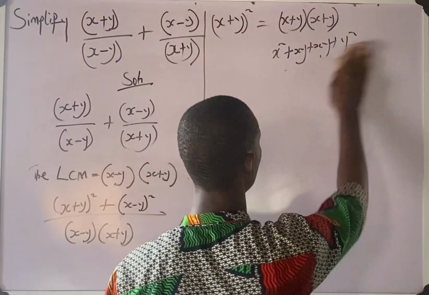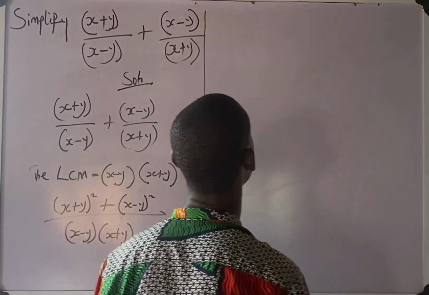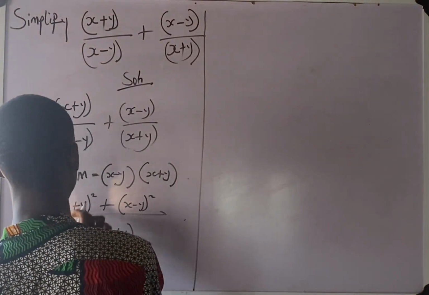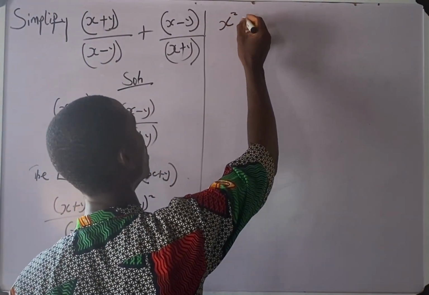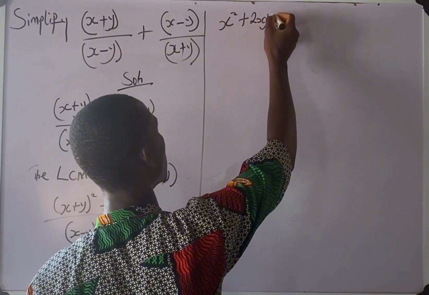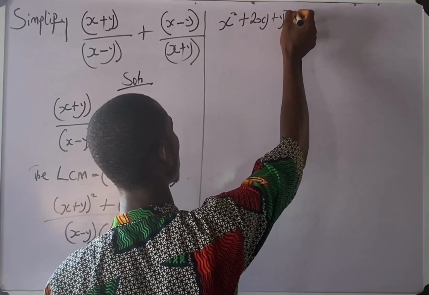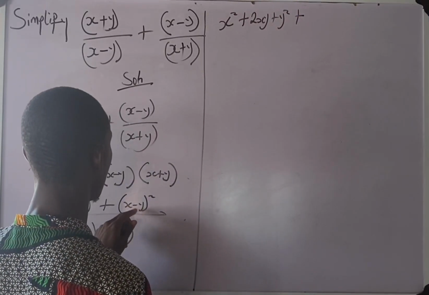Let's not block ourselves with all this. So we can just write (x + y) squared is the same thing as x squared plus 2xy plus y squared, then plus this.